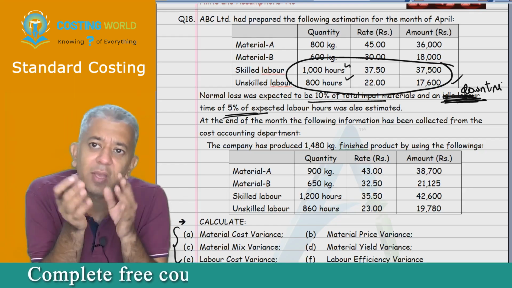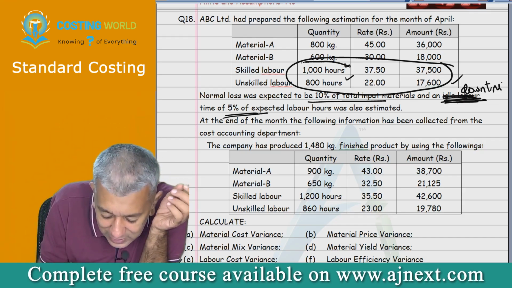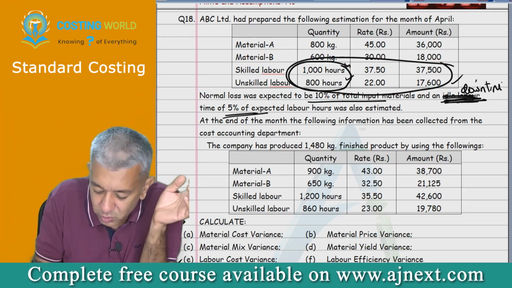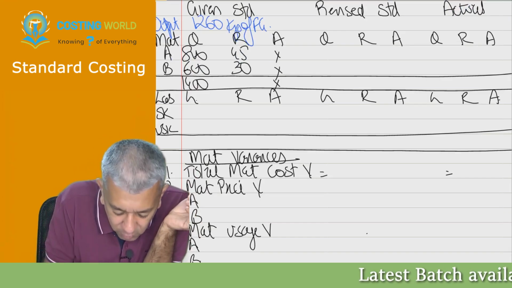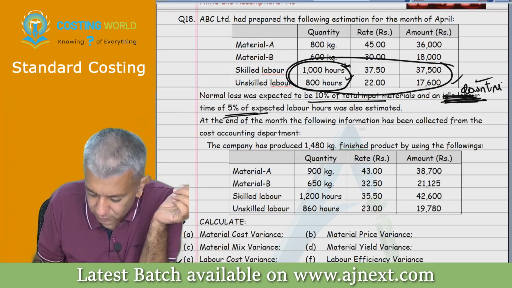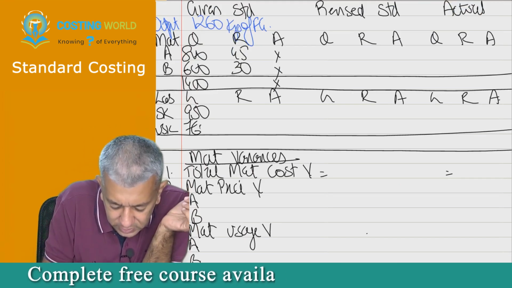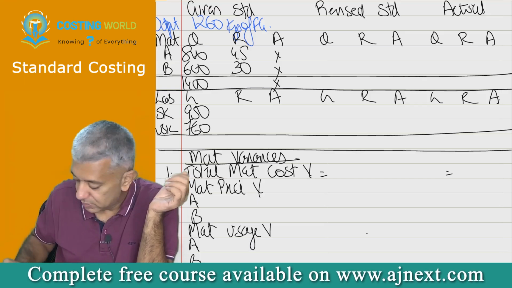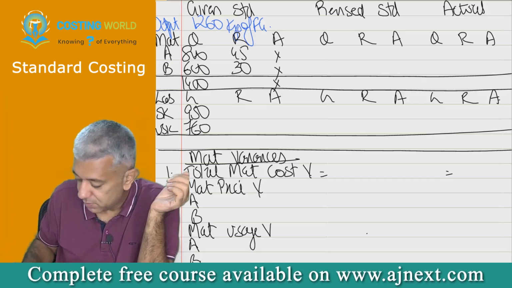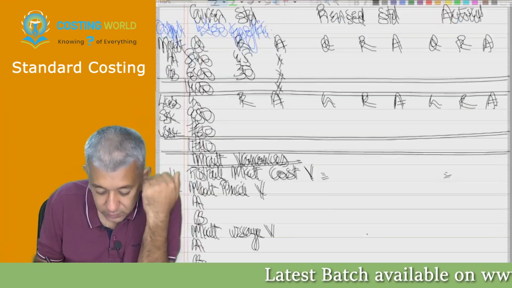They say we are interpreting the word idle time as downtime. So therefore, in this, remove your downtime. So 5% downtime will get removed. So therefore, 950. From 800, we subtract 5%, 760. 950 plus 760, 1710.